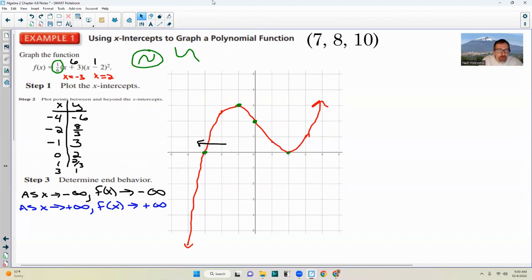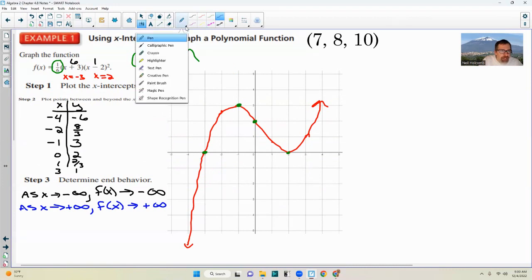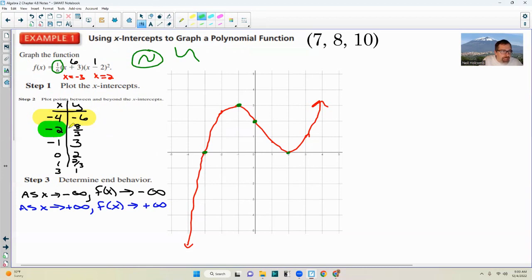Okay, so what they mean is the location principle states that if f of a, f of negative 4, is negative, and f of b, which is f of 2, is positive, then there has to be a zero between a and b.